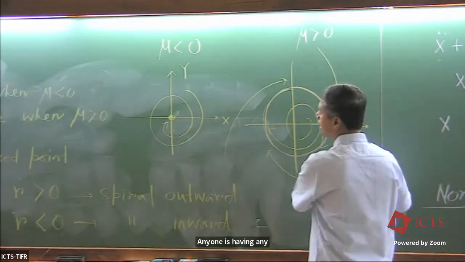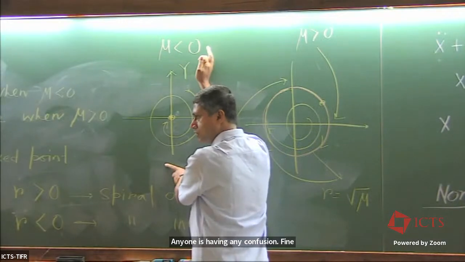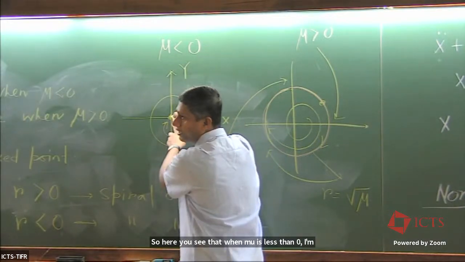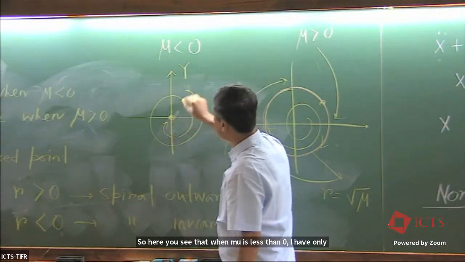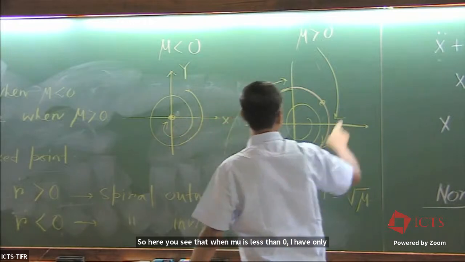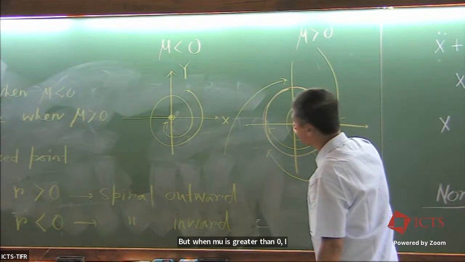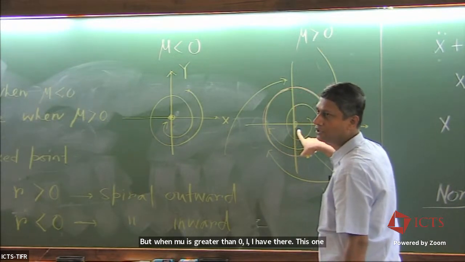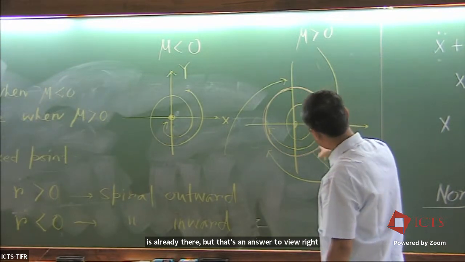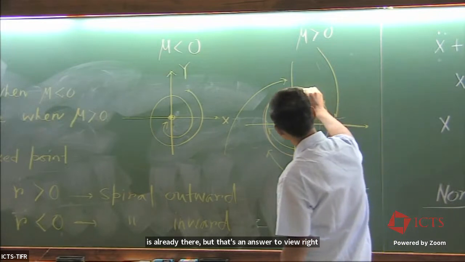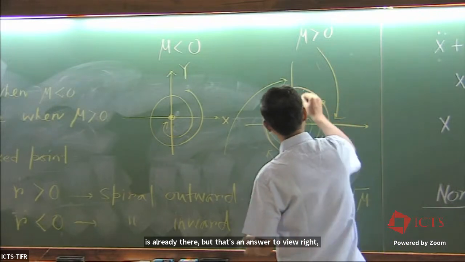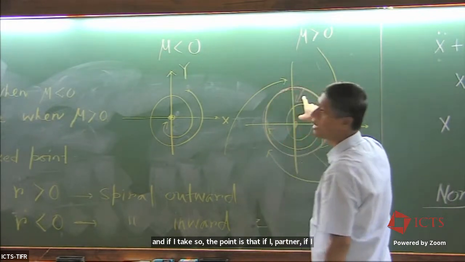So here you see that when mu is less than 0, I have only one equilibrium point, that is r equals 0, and that is a spiral attractor. But when mu is greater than 0, this one is already there, but that's an unstable equilibrium point, right? And if I perturb from the closed invariant curve, what would happen?